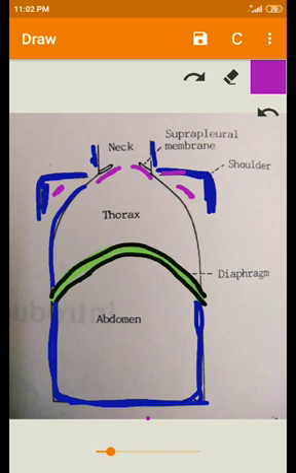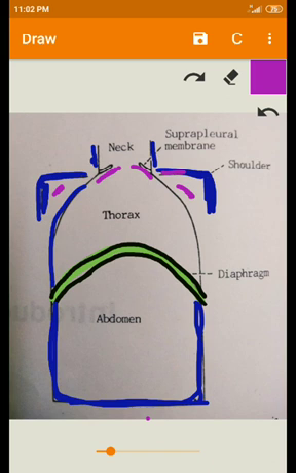Okay, so how movements are taking place in the rib cage during respiration is a separate topic. We will see that in detail. Okay, now coming to the applied anatomy.